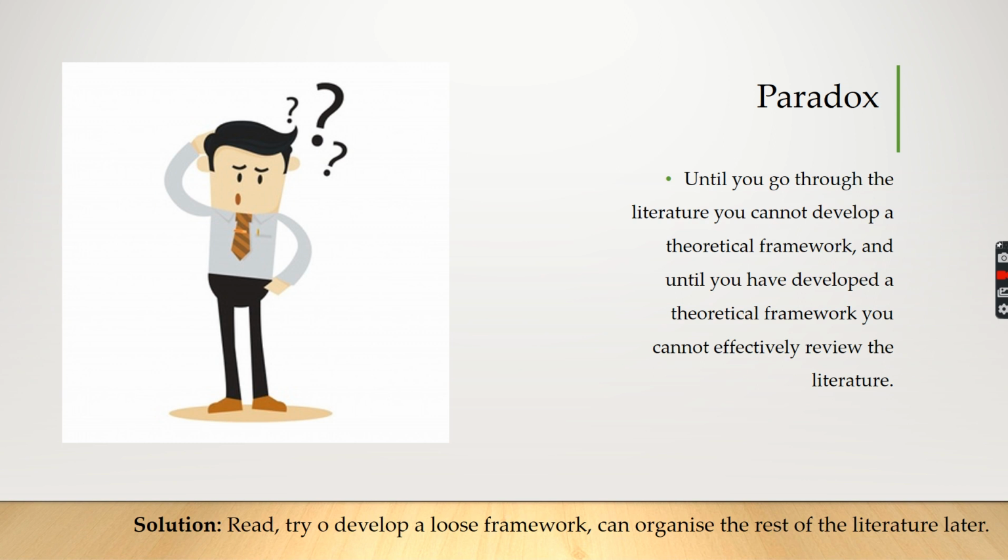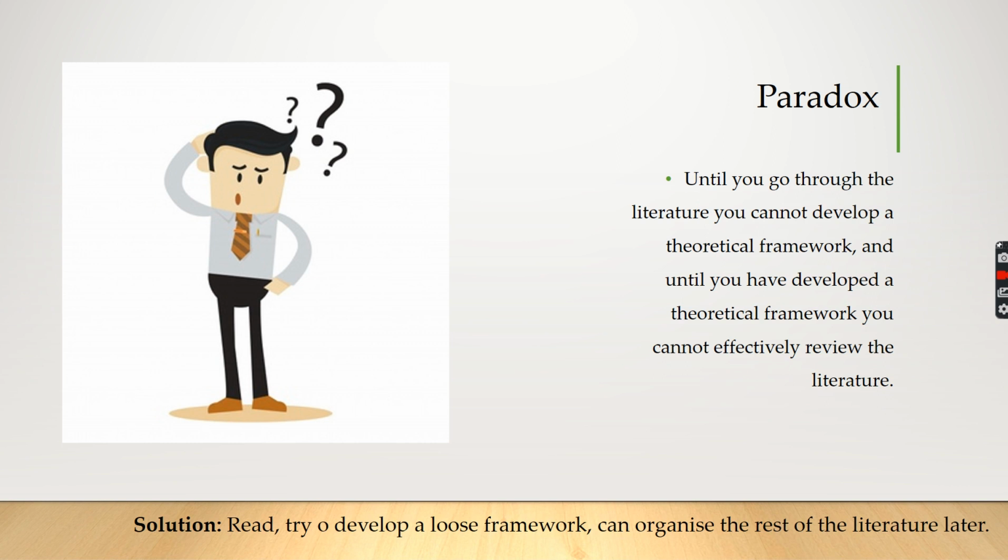This process happens simultaneously. As you read your literature review, you might have a theoretical framework, and then you have to apply it again to see whether it's working or not. So it's kind of a paradox.